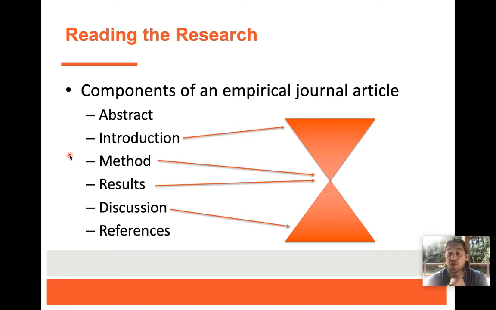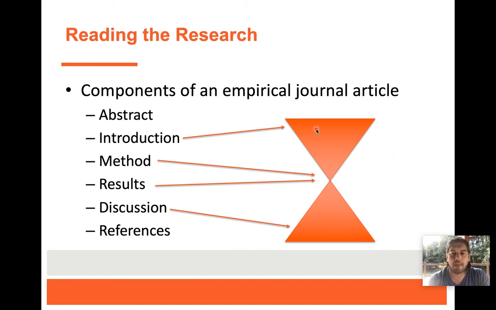Scientific writing in general is less flexible. It has more rules and regulations and prescriptions than things like MLA or Chicago style writing. And so let's break down, especially since you are going to be reading some empirical journal articles this semester, let's take a few minutes to break down the different sections that you will typically find and what goes into each section.